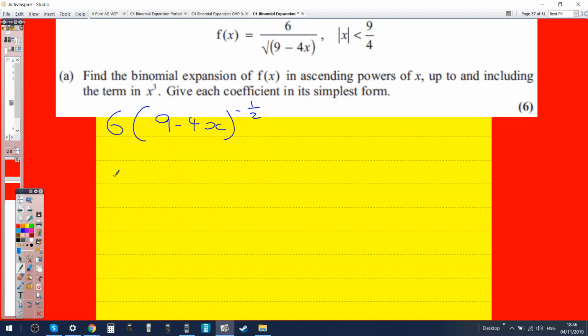So it's 6 times 9, so 54, 1 minus 4 over 9 x. Something's missing. And it's 54 to the minus a half. No. Oh, go on, put into your calculator 54 to the minus a half.